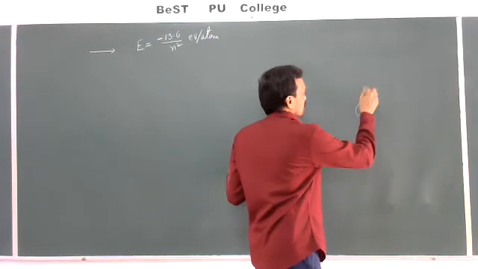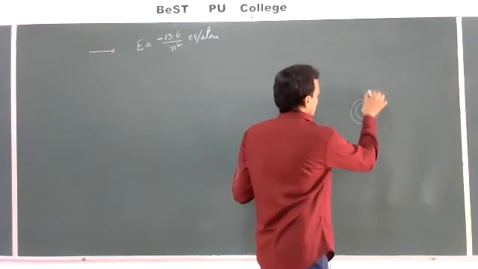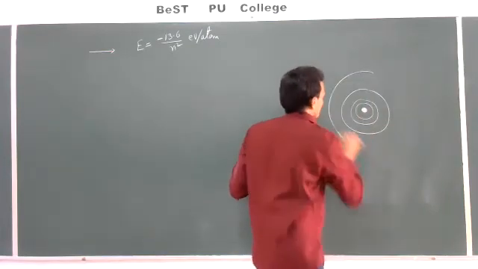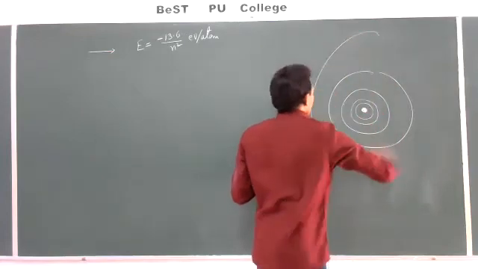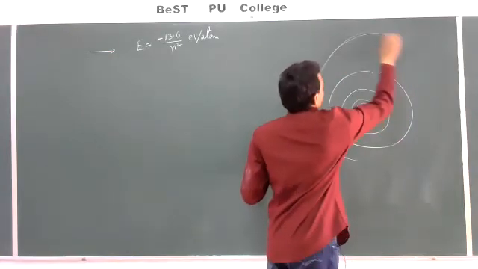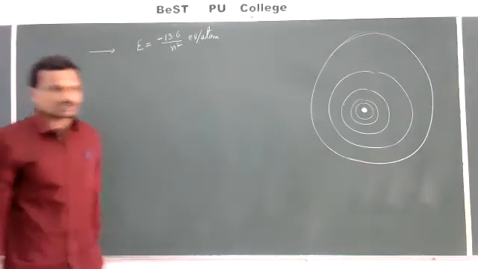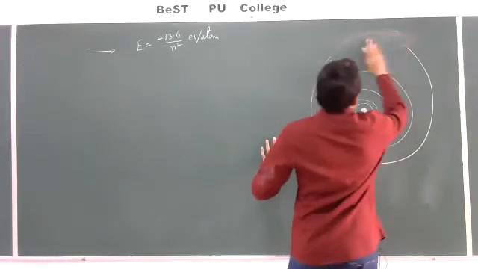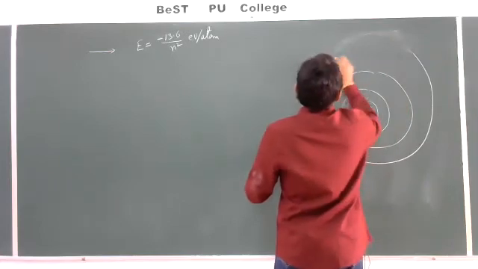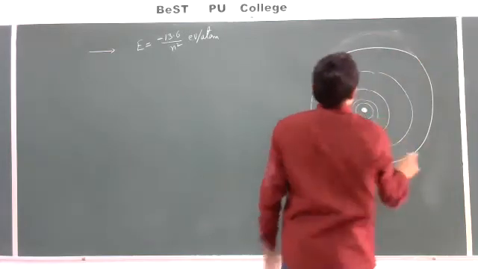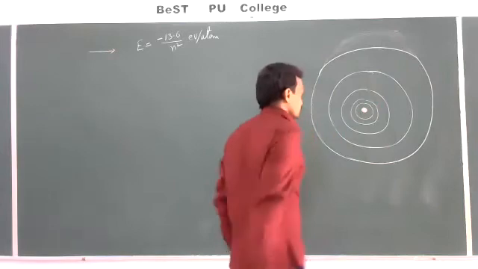These are the orbits, like these, present around the nucleus.